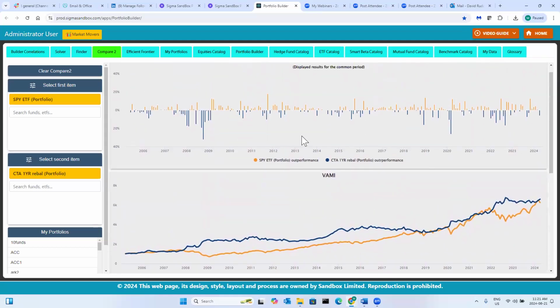Generally speaking, they're trying to target a volatility comparable to equities, which the long-term stock volatility is around 15%. And CTAs generally are trying to mimic that, or obviously come in at a lower volatility.